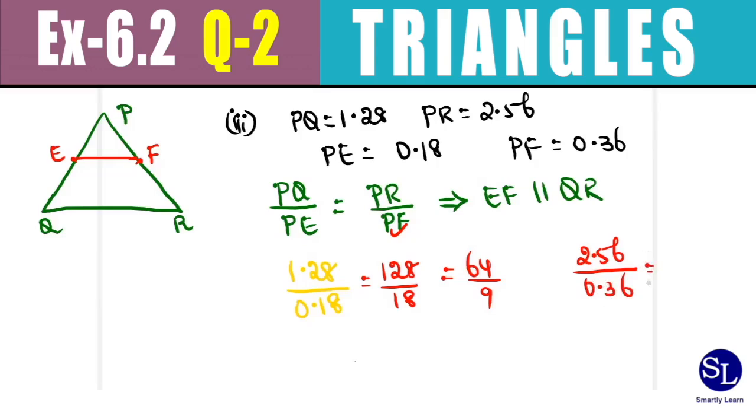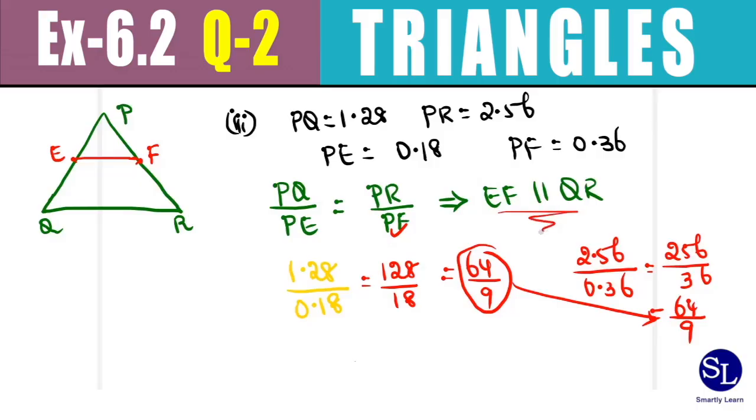Multiply by 100 in both cases. So this is 256 by 36, which on simplification, dividing both by 4, will give you again 64 by 9. Now what you see is these two ratios are the same. So PQ by PE is equal to PR by PF. Therefore, EF is parallel to QR.